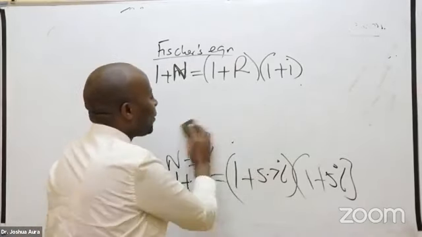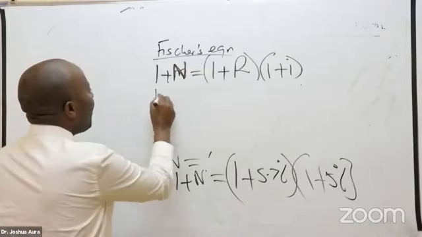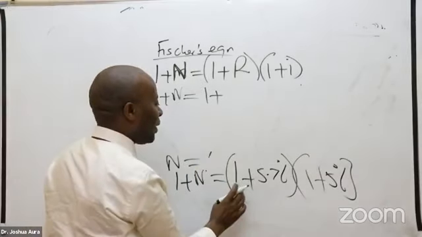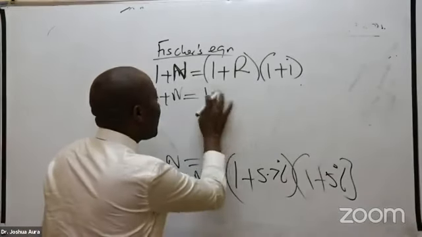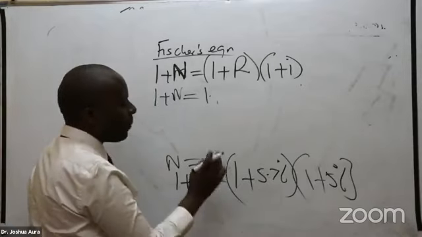Now, my great students, come and plug in the figures here. We have 1 plus our nominal being equal to 1 plus the real rate of return. We have already 1 plus 5.7%.